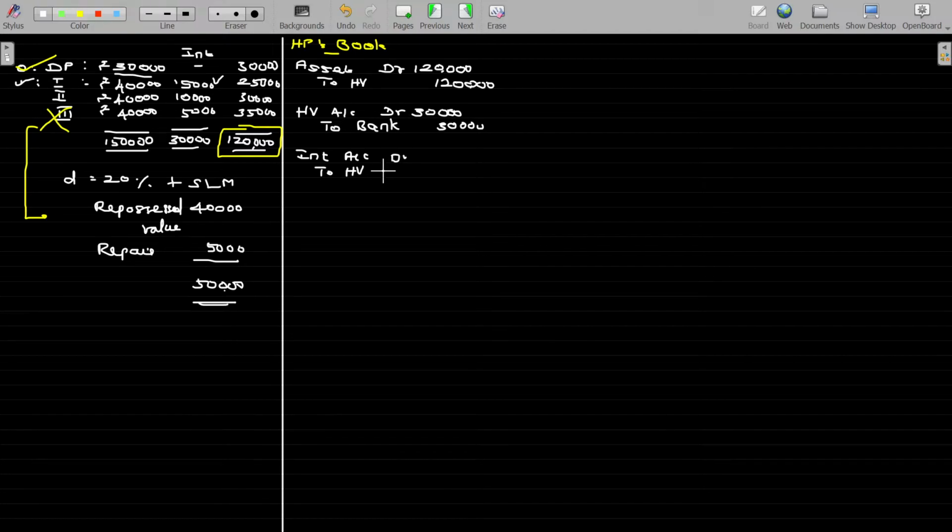So, to hire vendor போட்டிருக்கிறேன். Interest account debit to hire vendor account. The first year value being 15,000. And together with the interest, some principal is paid as first installment by the end of first year. அதுக்கான entry hire vendor account debit to bank. Is that okay? The value being 40,000 rupees.